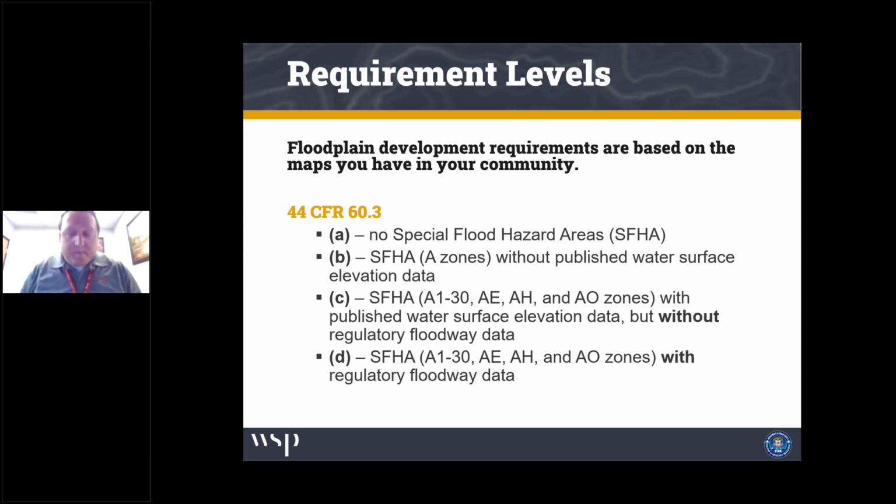Under 60.3B, that is a zone A floodplain. So it generally does not have a water surface elevation established. So the letter of map change process generally associated with 60.3A or with 60.3B is the LOMA process, letter of map amendment, or a letter of map revision based on fill.